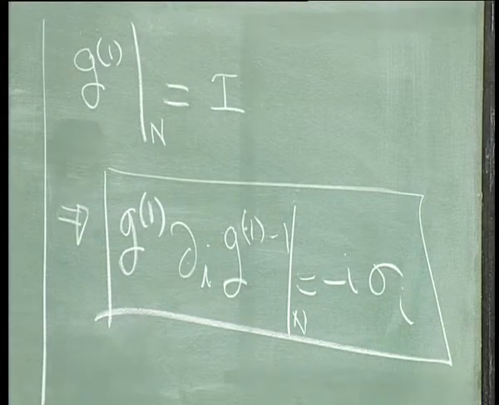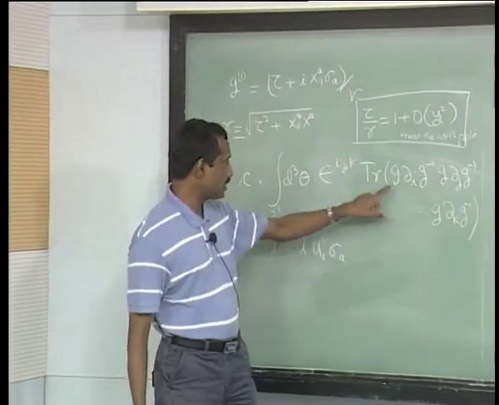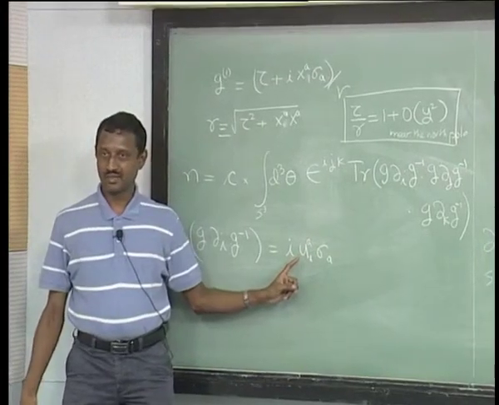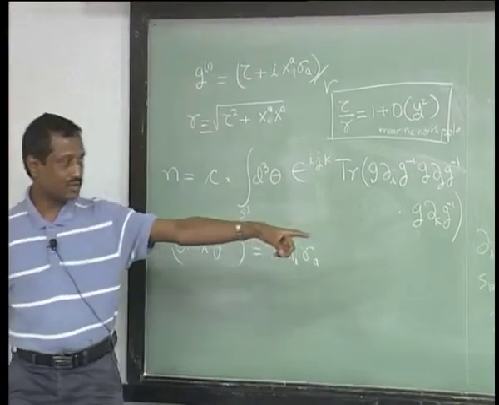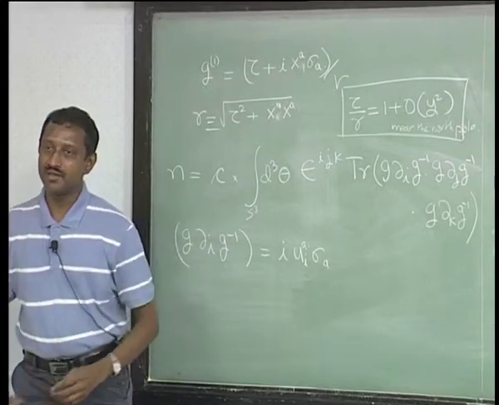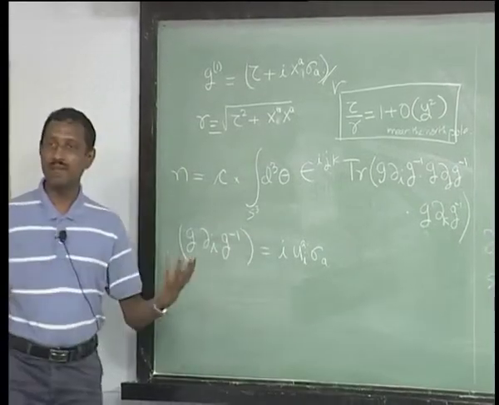Okay. And we had done this calculation yesterday, putting this in here, and we found that we were getting the determinant of u. And what does that tell you? That the determinant of u is equal to 1. Okay. That is really the relevant thing.